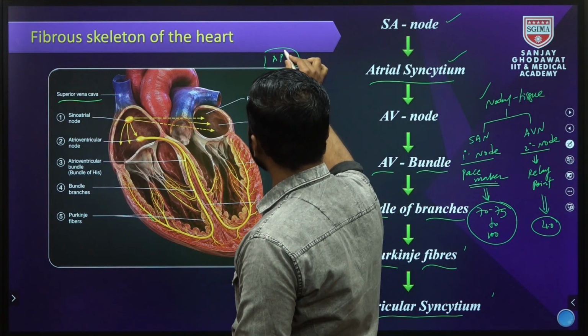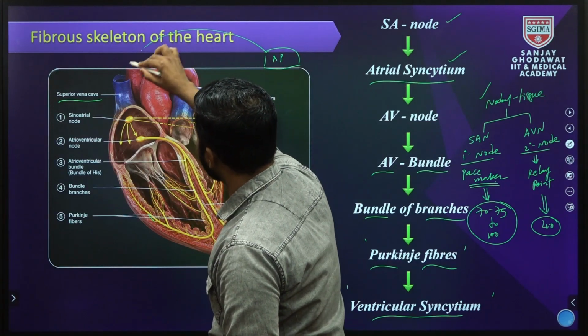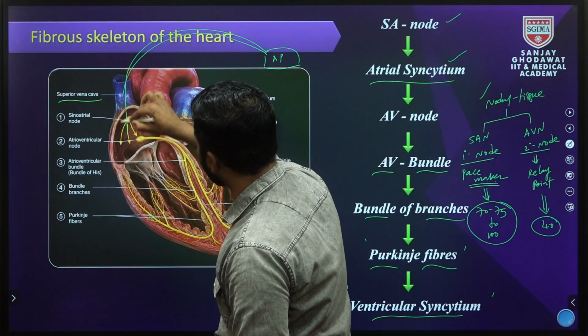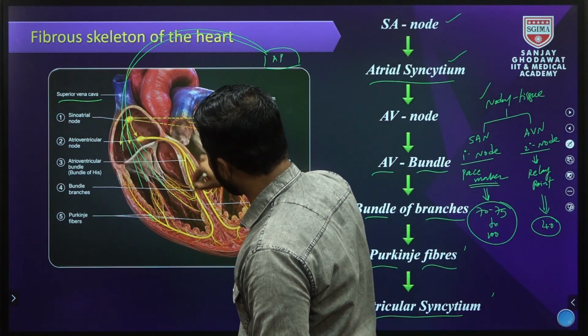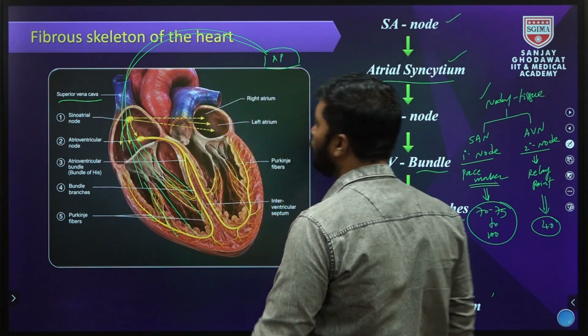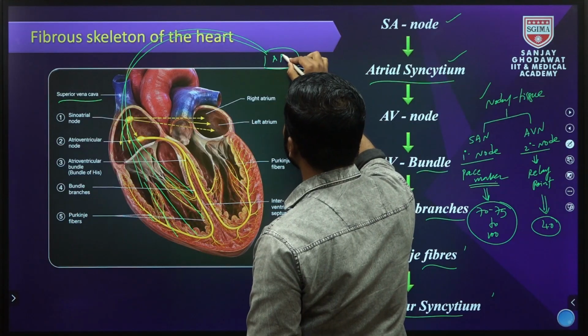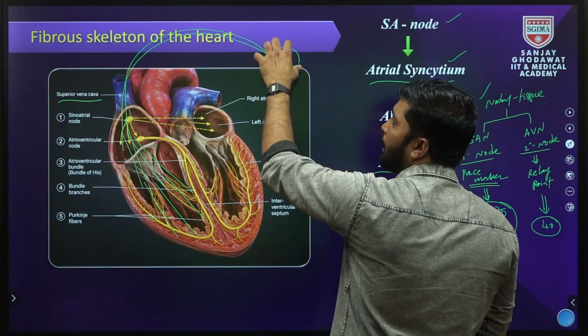And this artificial pacemaker has two electrodes, inserted into the heart chambers like this. So this is the battery. The artificial pacemaker, or battery, has the ability to initiate action potentials.